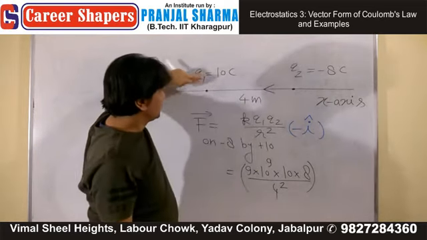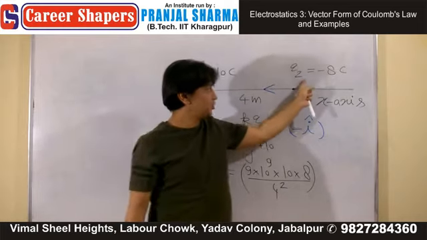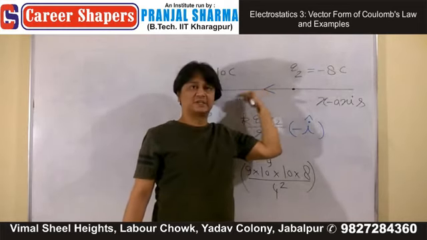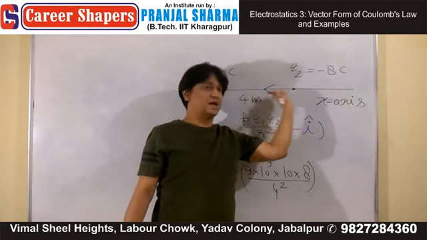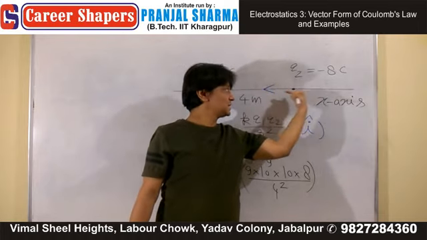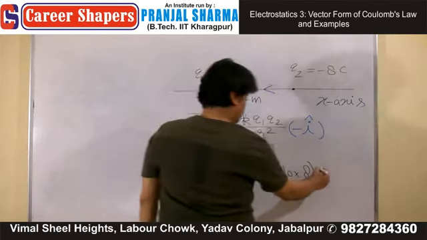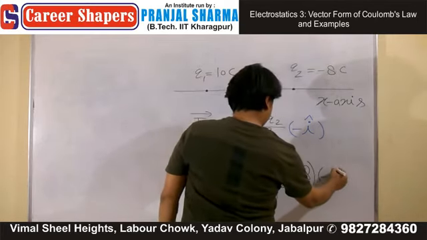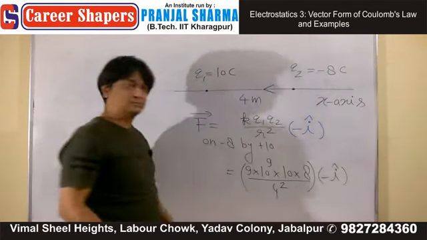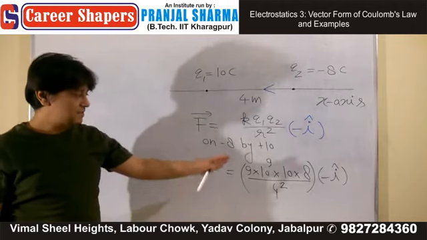It means Q1 is pulling Q2 towards itself in this direction. What is this direction? We have already shown the direction, minus of I cap. That's the answer.